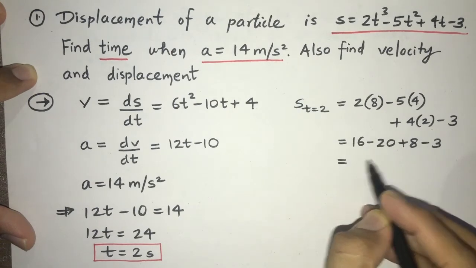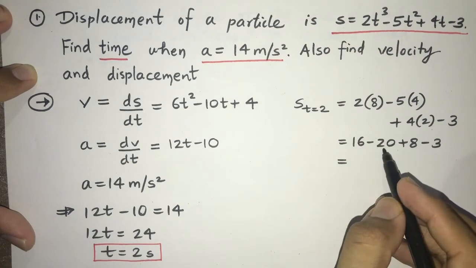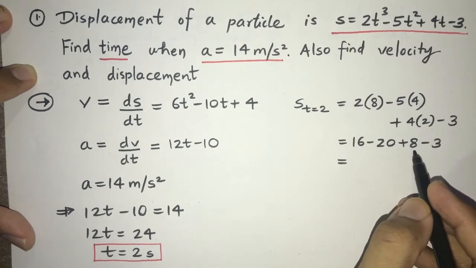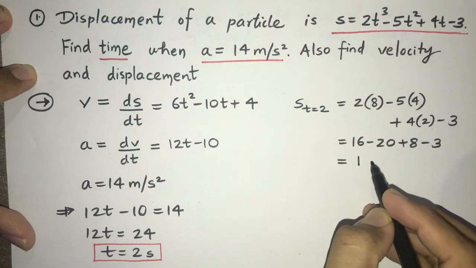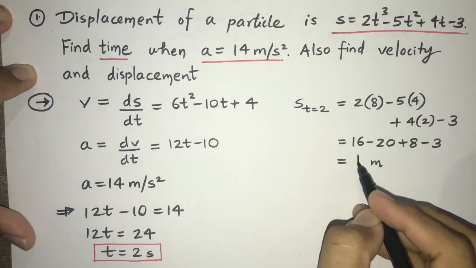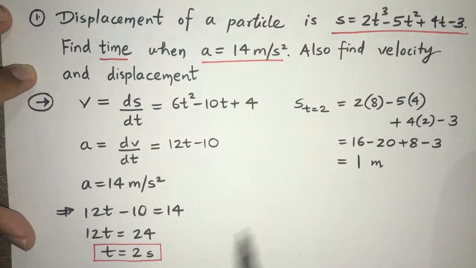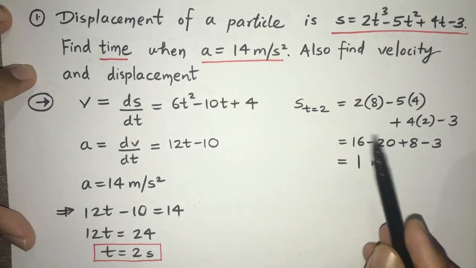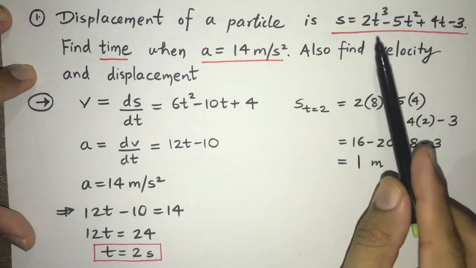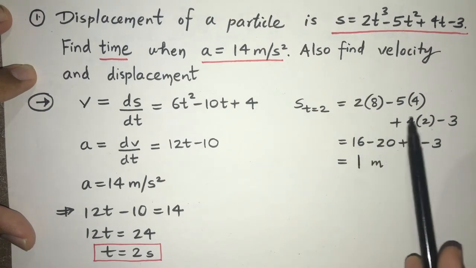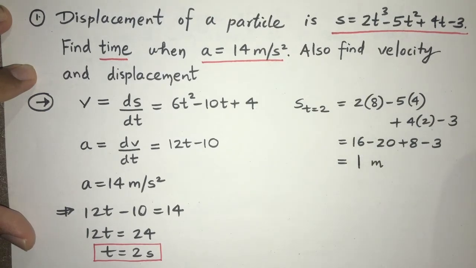We are going to have minus 4 plus 8, which is 4, minus 3 is 1 meter. Acceleration is 14 meter per second square, so displacement will have units as meters. Again, after putting t as 2 here, we get 16 minus 20 is minus 4, plus 8 is 4, minus 3 is 1.